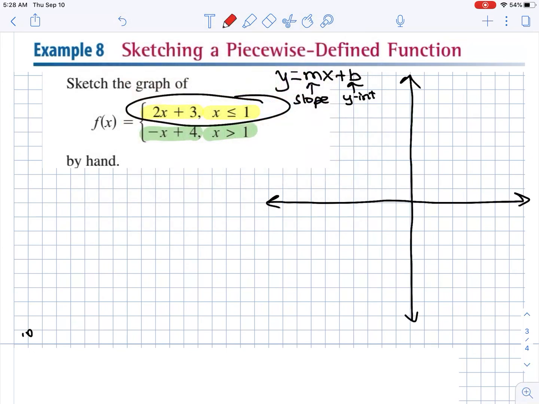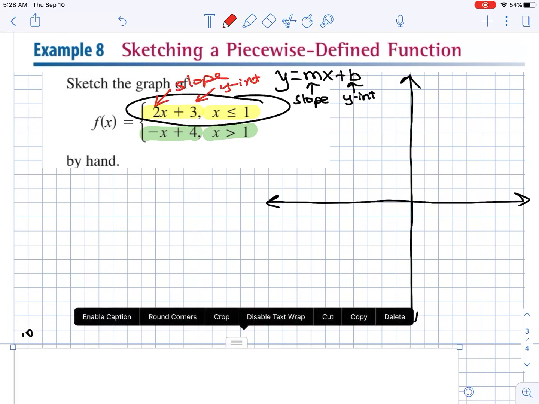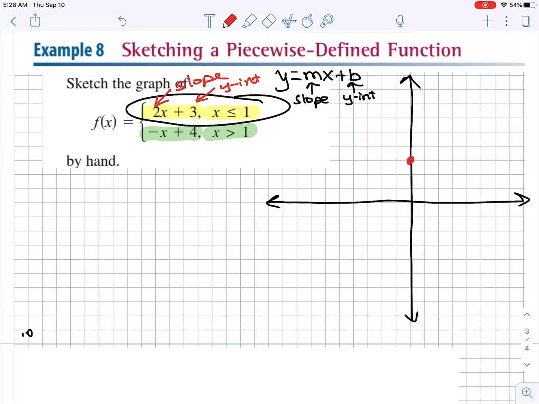So 3 is my y-intercept, and that goes here. And if the slope is 2, remember that the slope is really 2 over 1. So we rise 2 and we run 1. So we go up 2 over 1, up 2 over 1, and so on. And we're going to continue that pattern, okay?